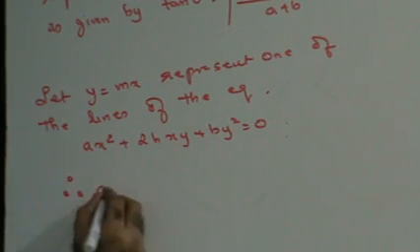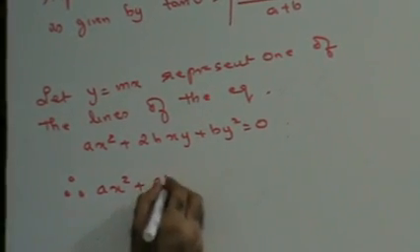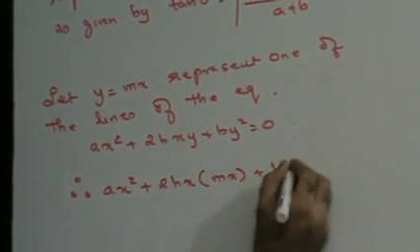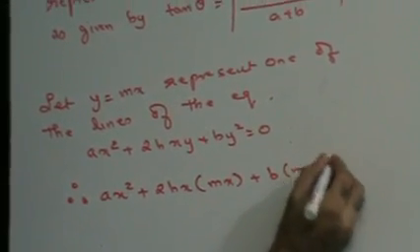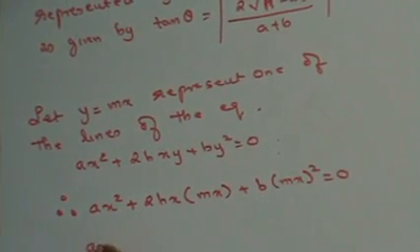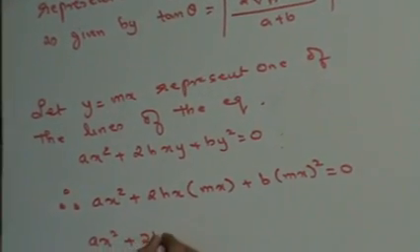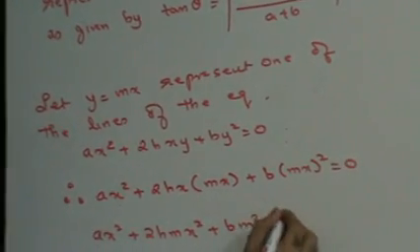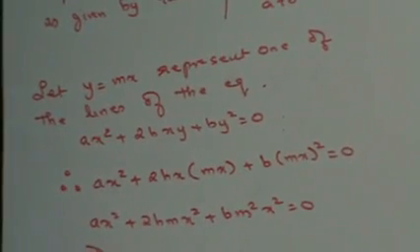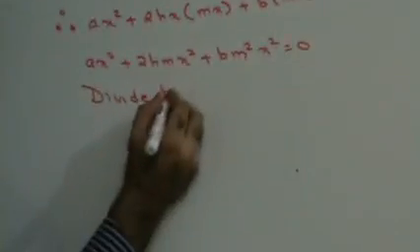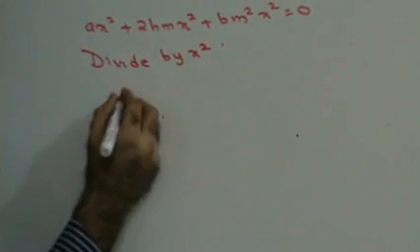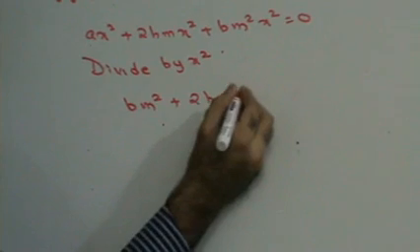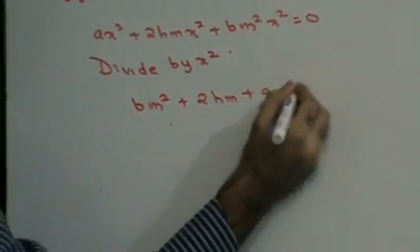So ax square plus 2hx, instead of y I can write mx, plus b mx square is 0. So I can say ax square plus 2hm x square plus b m square x square is 0. Divide by x square. So in which case I can say bm square plus 2hm plus a is 0.